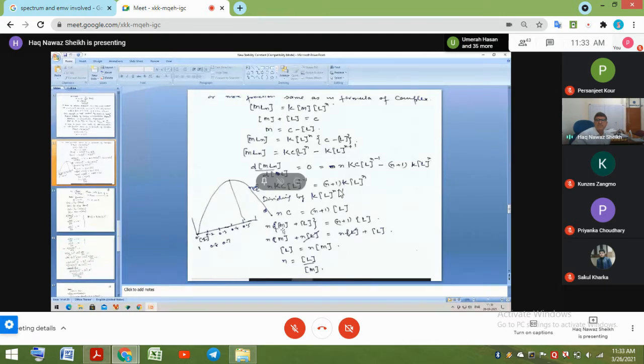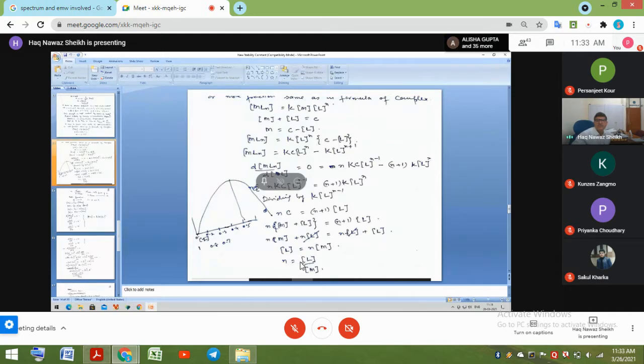So n into M plus L, all into n, is equal to n plus 1 into L. If you open up, this becomes nM, this becomes nL, this becomes nL again, plus L. nL and nL go, we are left with nM is equal to L. So L is equal to nM.